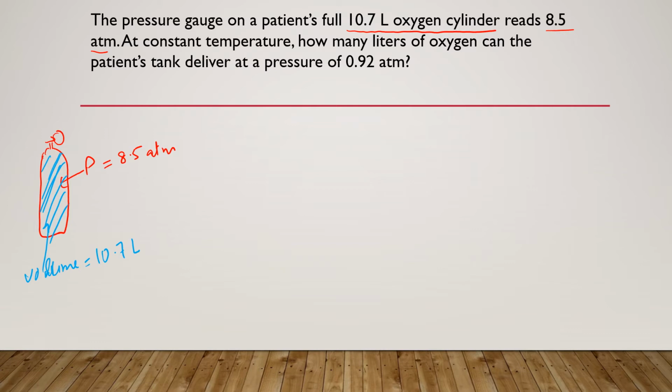All right, so these two numbers are given at constant temperature. That means temperature does not change, so we don't have to worry about it.